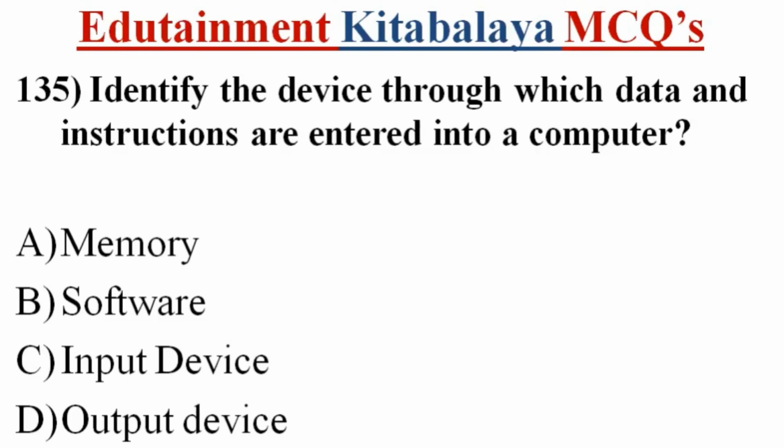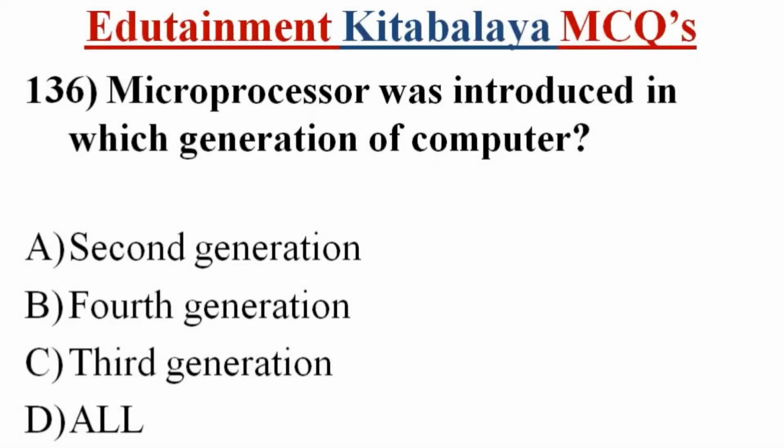C. Input device. D. Output device. Correct answer is C. Input device. Question number 136. Microprocessor was introduced in which generation of computer? A. Second generation. B. Fourth generation. C. Third generation. D. All. Correct answer is B. Fourth generation.